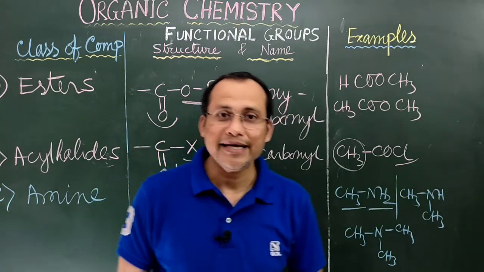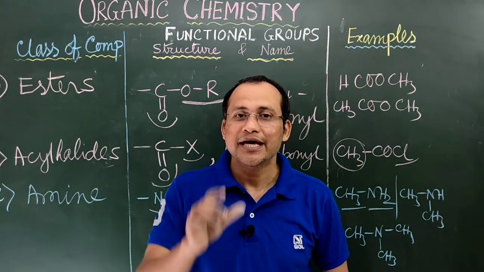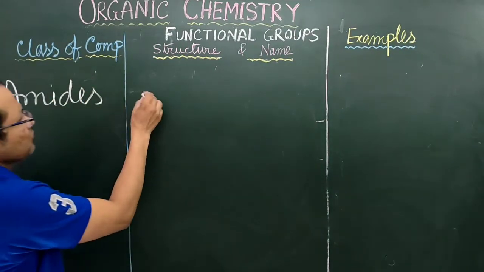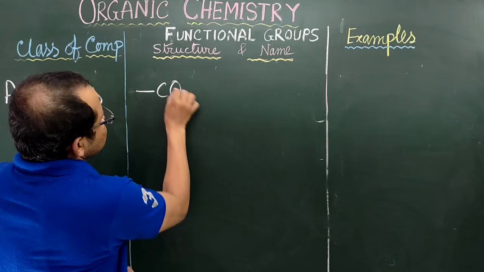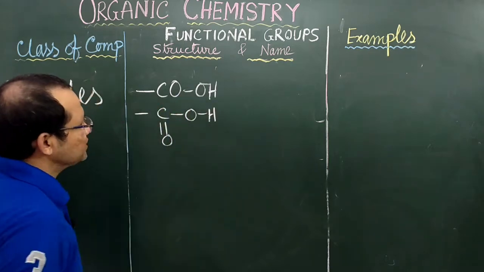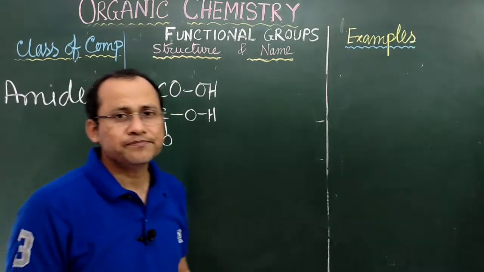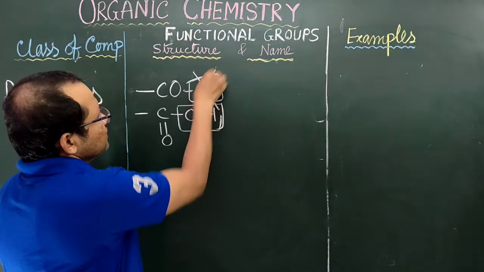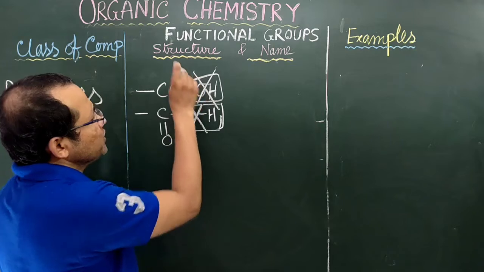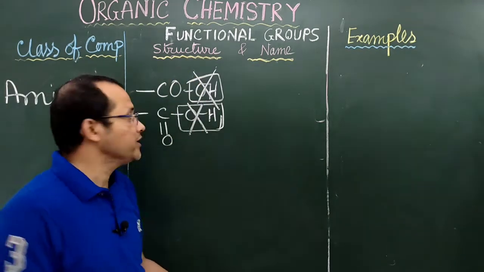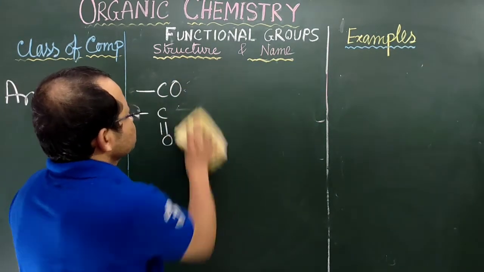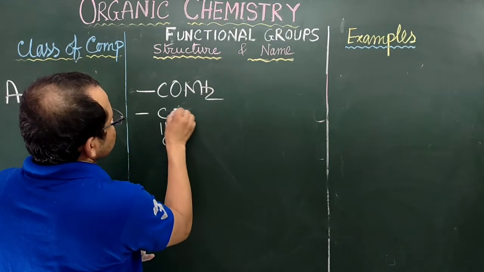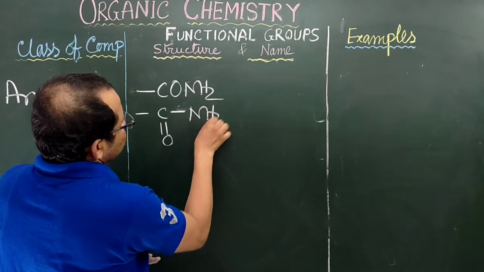Now come to the next category, which is amides. Now just recall the acid group. In this acid group, if we replace this one by any amine group, just remove this and put here one amine group, it will be like this, and NH2, or the structure will be like this.